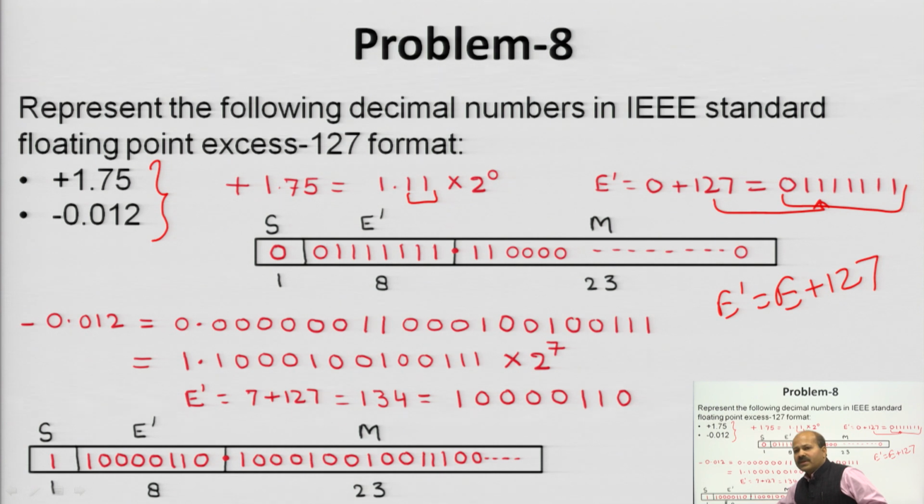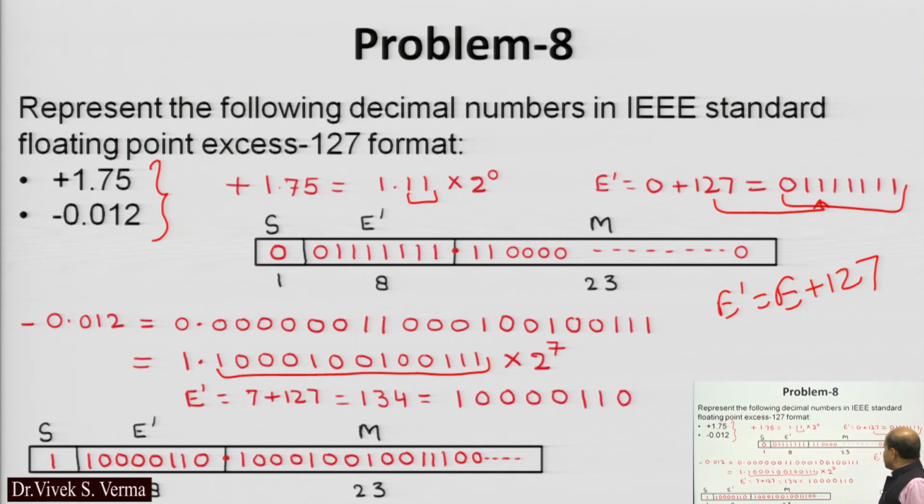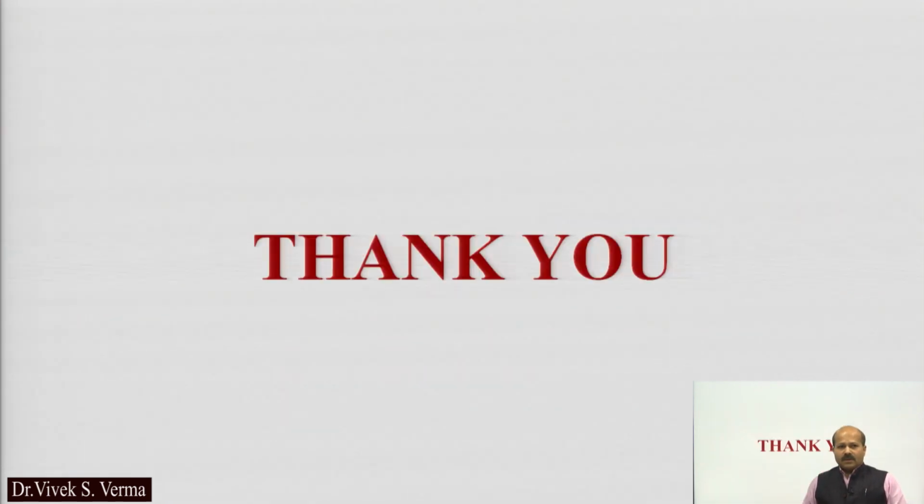We simply replace it here, and the remaining mantissa part is replaced with these values, because we normalize this. First, we need to normalize the expression, and after normalization, we represent it in floating point representation, excess 127 format. So, that is all about this particular lecture. Thank you.